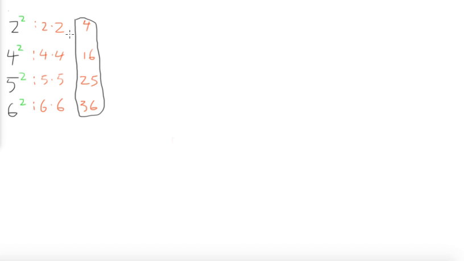Okay, so what we could do to maybe help you understand that a little better is, say you have a box, okay? And we're just going to do an example of 2 squared. So let's say from here to here is 2 inches, and from here to here is 2 inches.